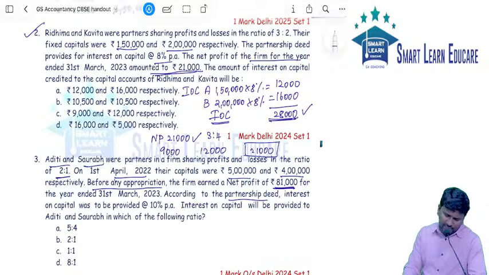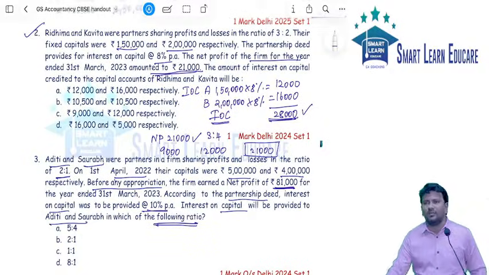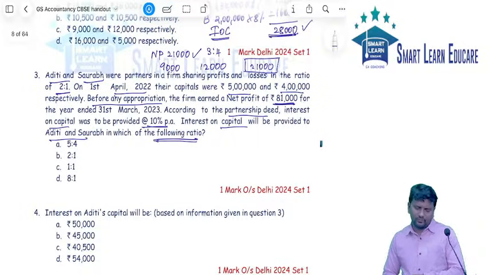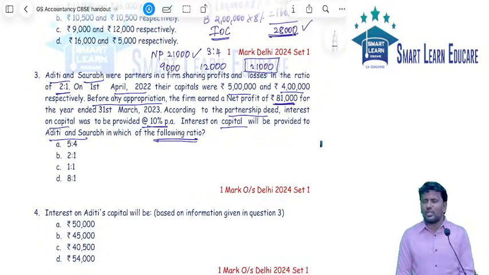According to partnership deed, interest on capital is provided at 10%. The interest on capital provided to A and S in the following ratio. What is the ratio அப்படின்னு சொல்லி கேட்குறாங்க. Same like second question தான். Try this question number 3 as well as question number 4. Question number 3 and question number 4.